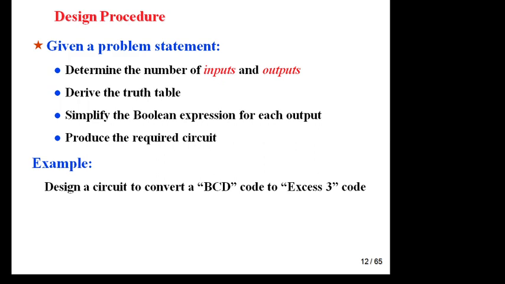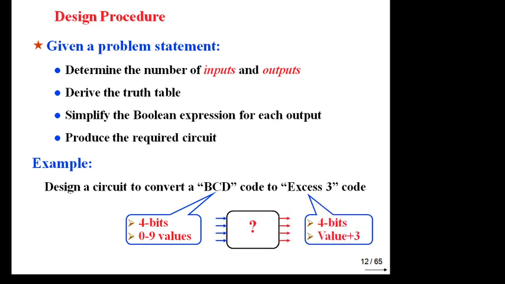And again, what is XS3 code? In XS3 code the digits are valid from 3 to 12. Actually XS3 code is nothing but BCD plus 3. When you add 3, then determine the 8421 code. Now you have determined there are 4 inputs and 4 outputs.